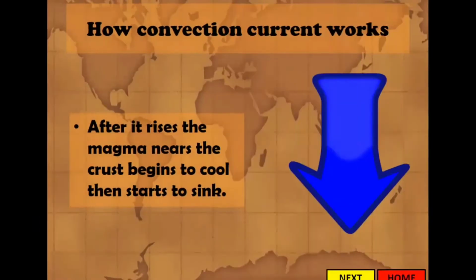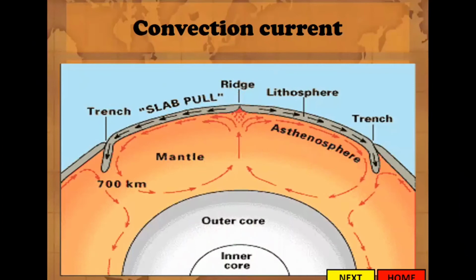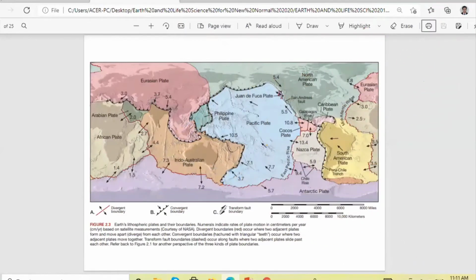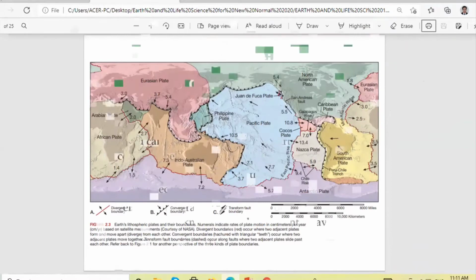And after it rises, the magma near the crust begins to cool, then starts to sink. As a result of this convection current, you will see here how it works. And as a result, small continents are formed.